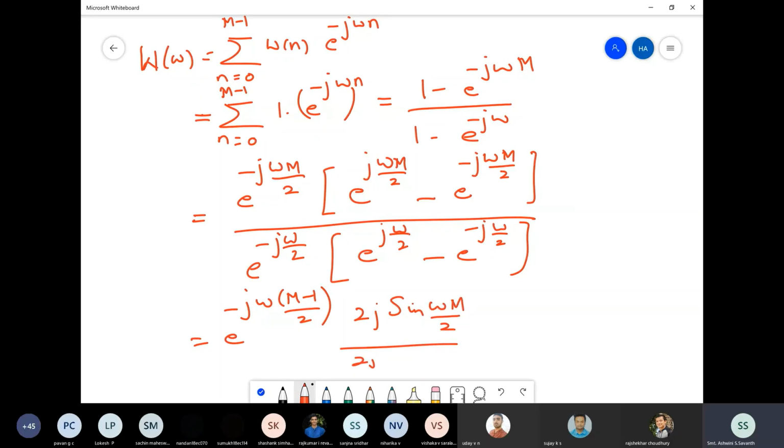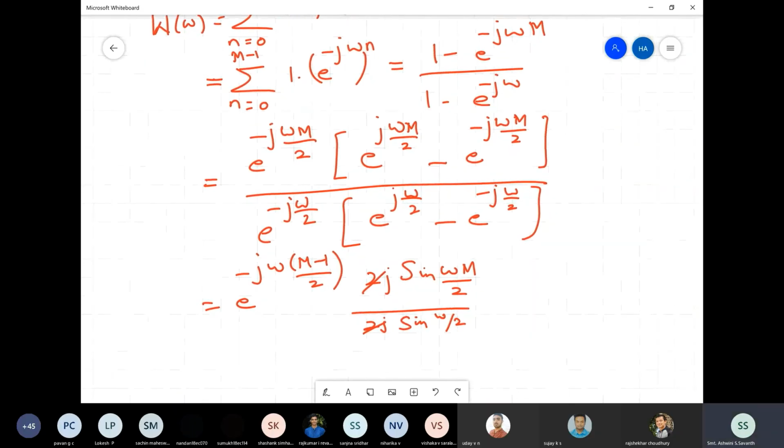Denominator is 2j sine omega by 2. So these two terms get cancelled. What is a sine by sine term? It is a periodic repetition of sinc. Why? Because the DTFT is periodic, right? It's a periodic repetition of the sinc function, the expression that we have obtained. So this is your magnitude response. Sine by sine is the magnitude response.